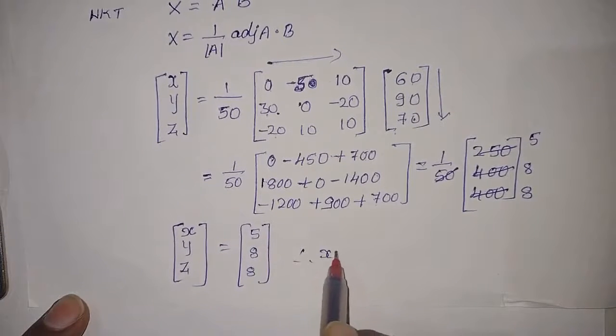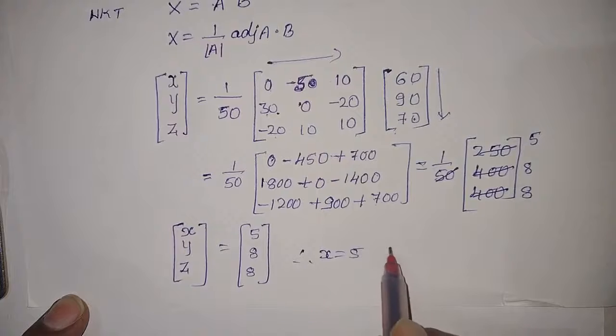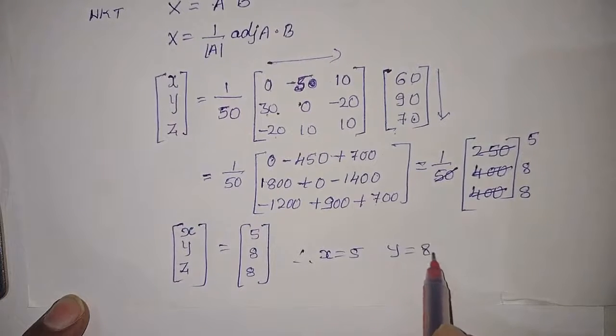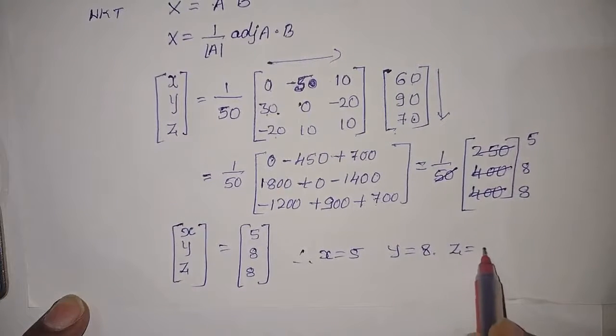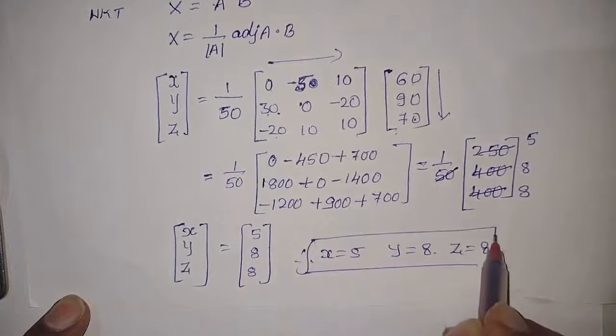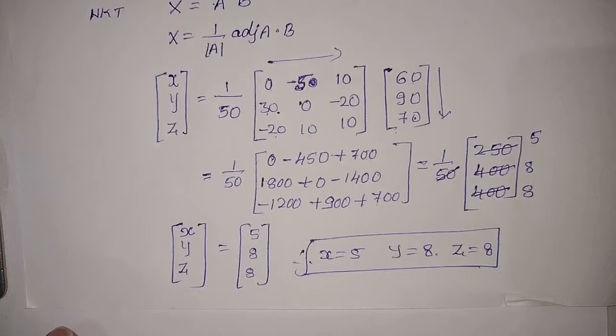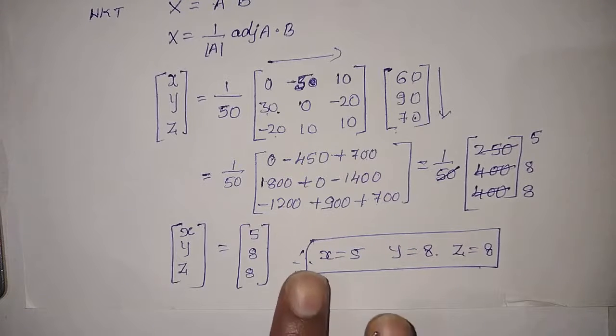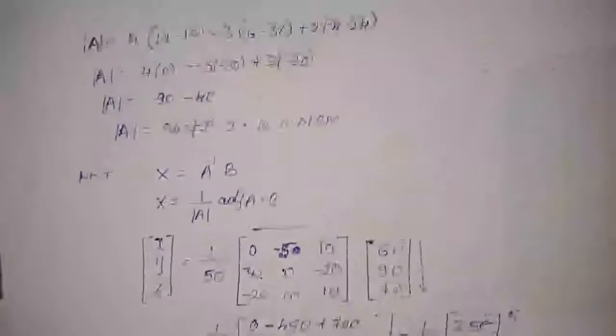Therefore the value of x is equal to 5, y is equal to 8 and z is equal to 8. These are the values of x, y, z. So this type of method is called the matrix method. Understood? Okay. Please write down this solution, important for your examination.